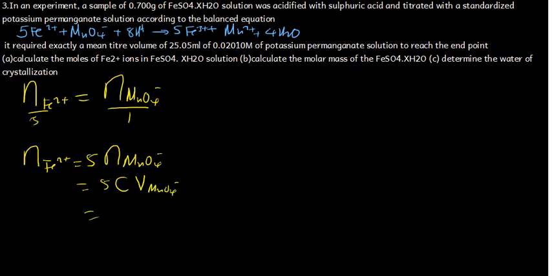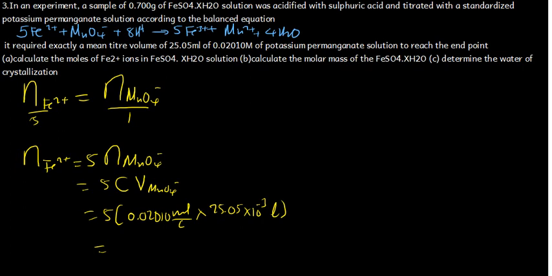So we're going to say 5 times the concentration, which has been given as 0.02010 moles per liter, multiplied by the volume, which is 25.05, multiplied by 10 to the power negative 3 to convert it to liters, because it's given in milliliters. Let's go on and punch it on the calculator.